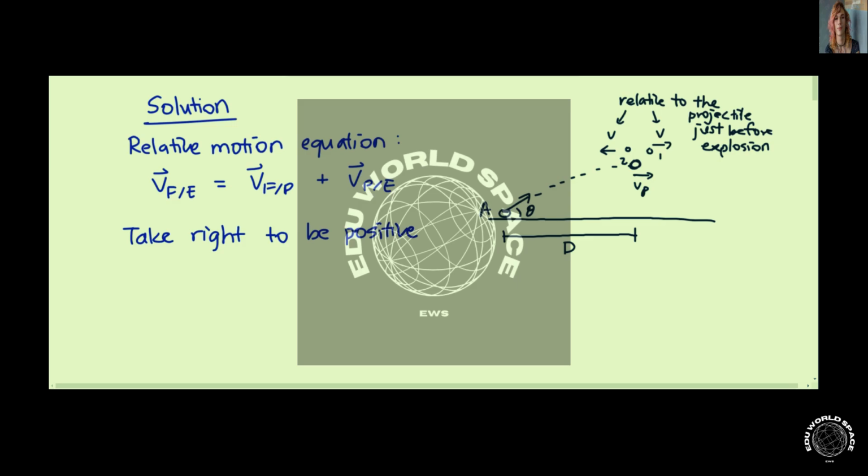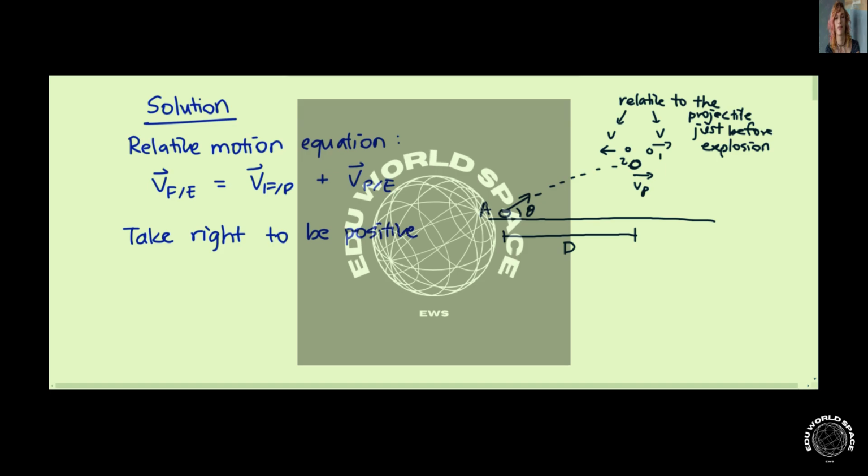Over here we'll just work along the horizontal direction, because both fragments 1 and 2 will take the same time to land: at the maximum height there is no vertical component of the velocity, so they will take the same time to reach the ground.